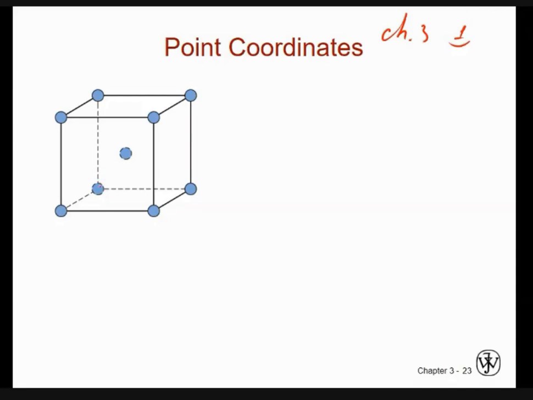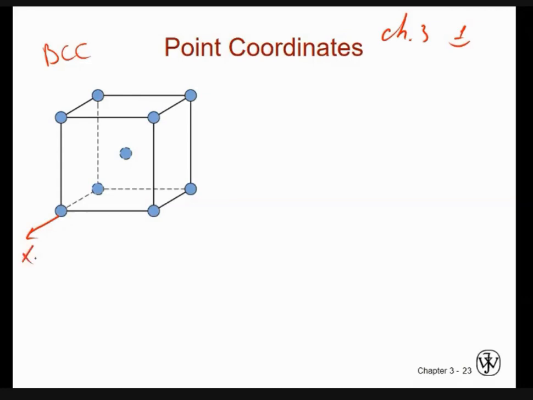What are point coordinates? The point coordinates define the position of each atom in a unit cell. To start, first I have taken this BCC crystal structure and I will write point coordinates for all of its atoms. First, I need to define an axis system.